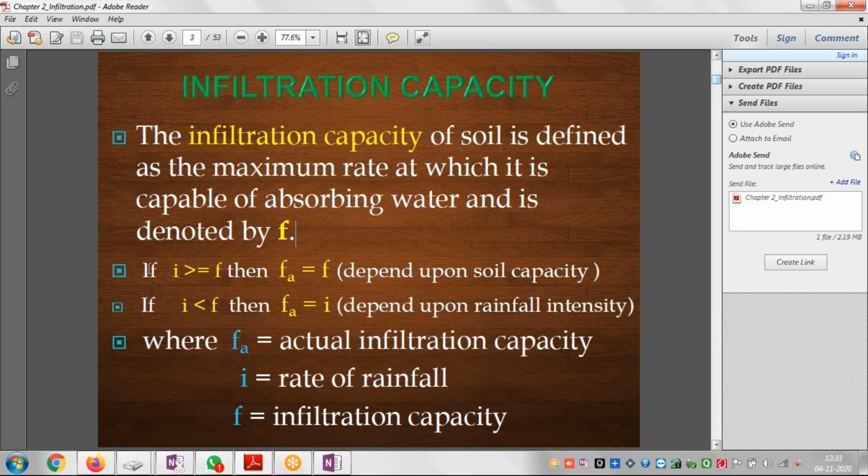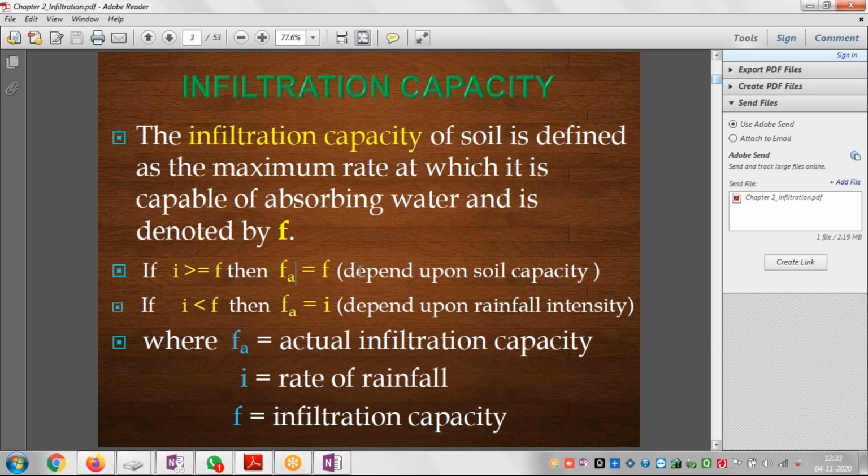Now here one condition is given: see rainfall, if I is greater than F, meaning rainfall rate is greater than F, and F is the infiltration capacity.